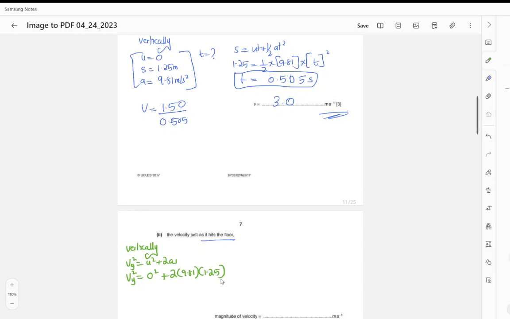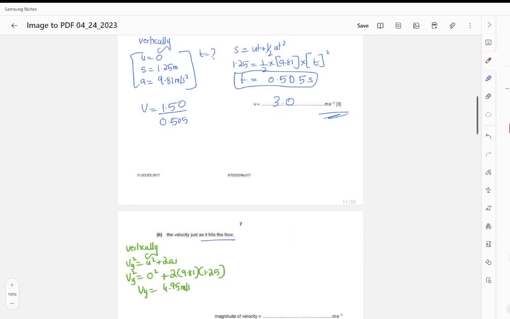So 2 into 9.81 multiplied by 1.25, and let's apply the root operation. That gives me Vy as 4.95 meter per second.